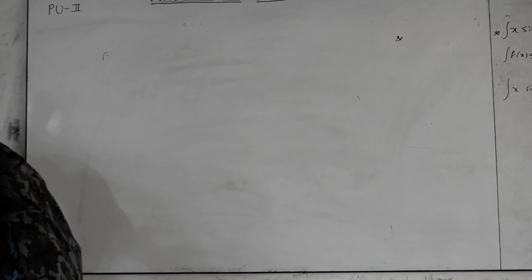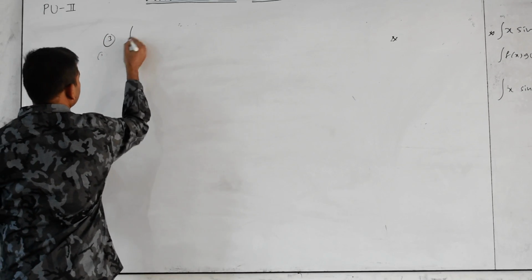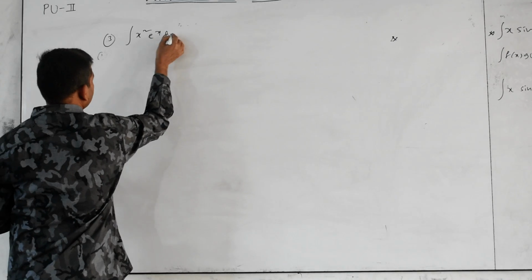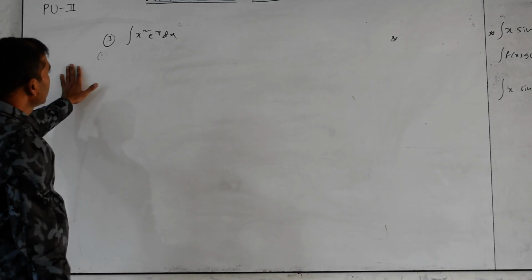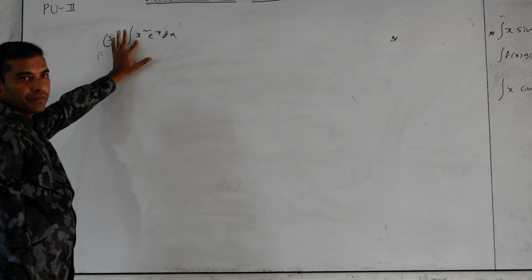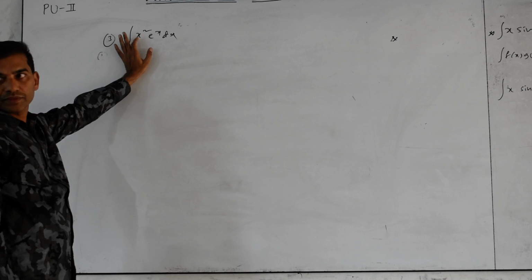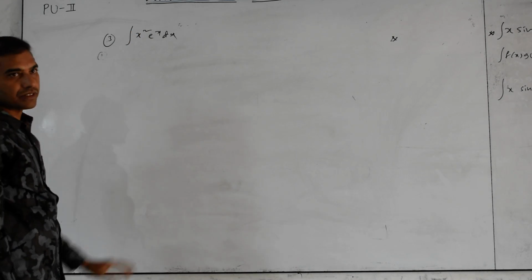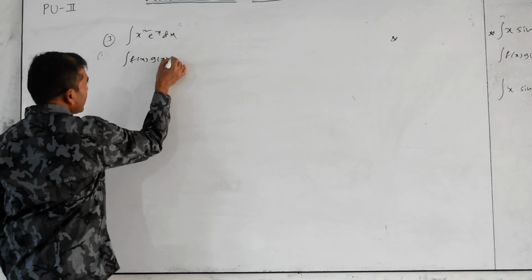Integration of x square into e power x dx. Third question, integration of x square into e power x dx. Now tell me, this is algebra, this is exponential. Which comes first? Algebra. This is the first function, this is the second function. Integration of f of x, g of x dx.